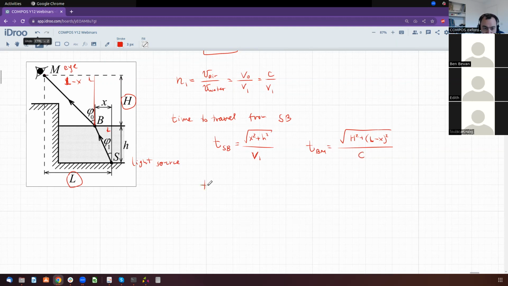So the total time, T, is equal to the square root of x squared plus h squared over v1 plus the square root of h squared plus L minus X squared over C.